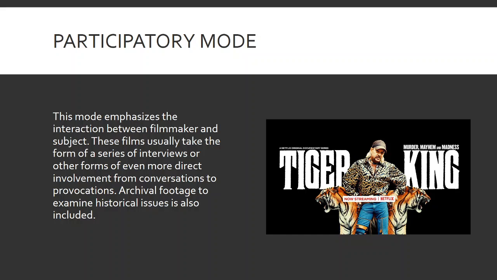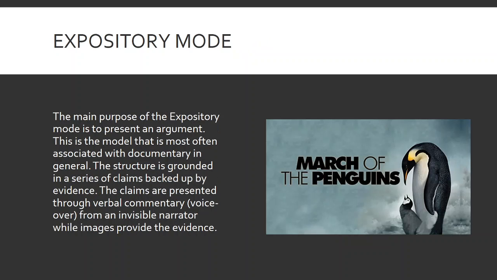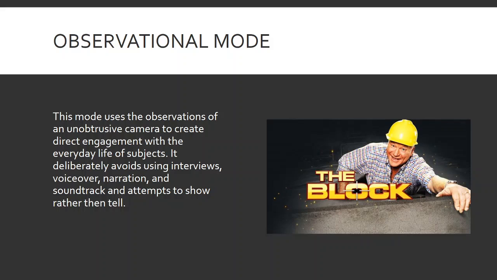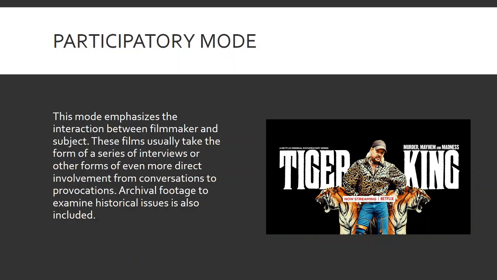They are someone that actually appears and is part of the story. So there is, as mentioned, expository, where purely narration is the only form of input from the filmmaker, no input from the filmmaker in the observational mode, and full input from the filmmaker in participatory mode.